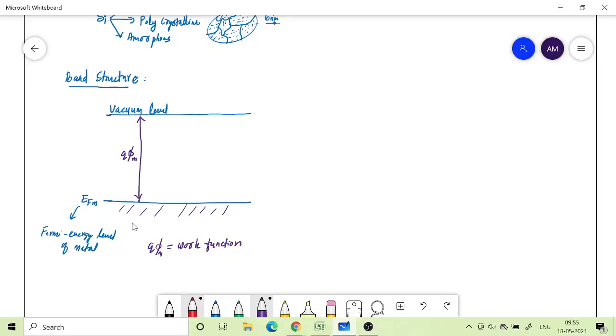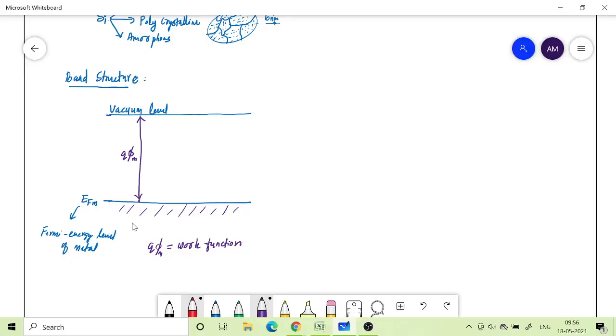They fill up from the ground state, and at some level everything is filled, so there is no more electron to fill the energy levels above it. There are continuously spaced energy levels which we call a band, but only up to EFM is it filled.